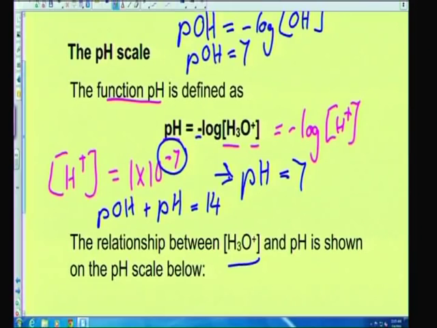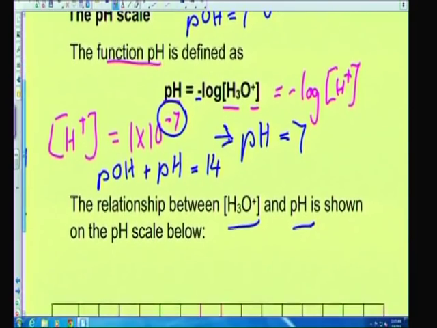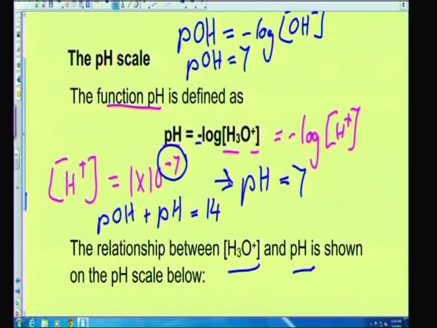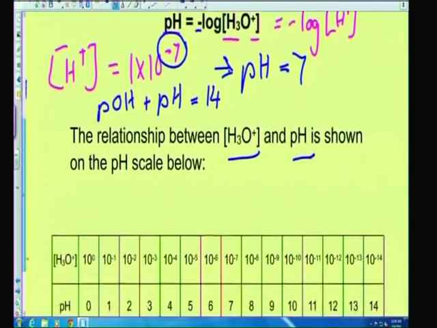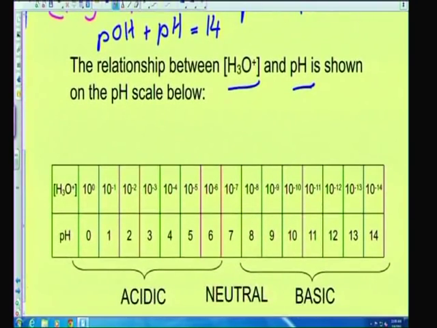But here we get the interesting idea now of the relationship between pH and the hydroxide ion concentration. So if we recognize that these two will always add up to 14, then we're going to be in a very interesting situation.